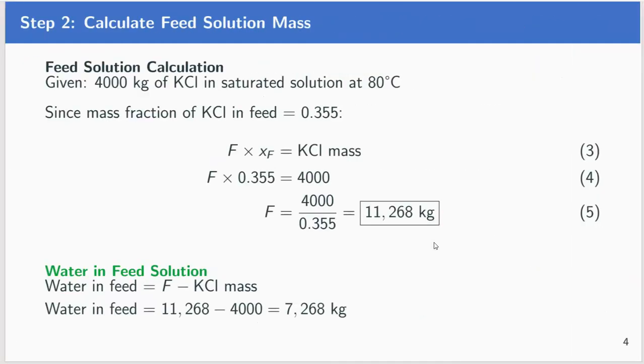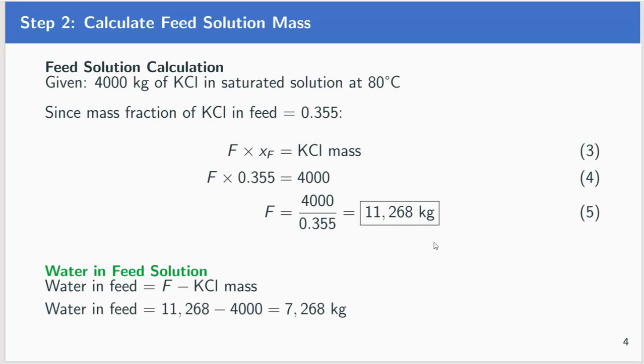Now step 2, calculating the total feed solution mass. We know we have 4000 kg of KCl in the saturated solution at 80 degrees. Since the mass fraction of KCl in the feed is 0.355, F times 0.355 equals 4000. From here we can easily calculate the feed amount.